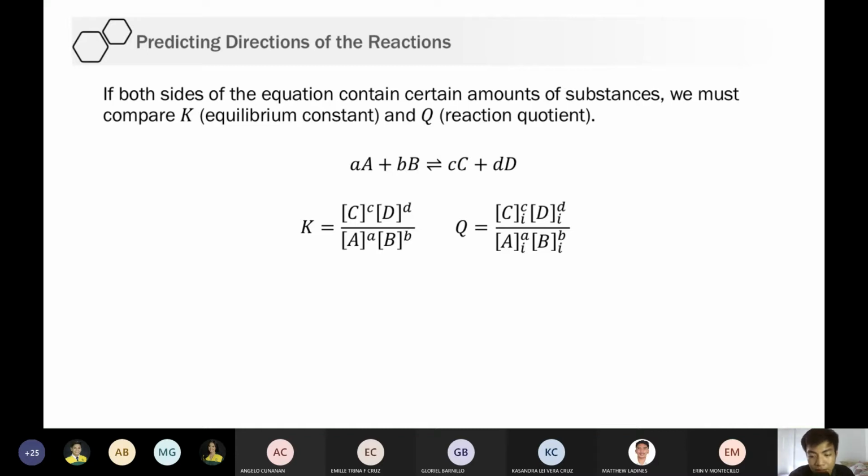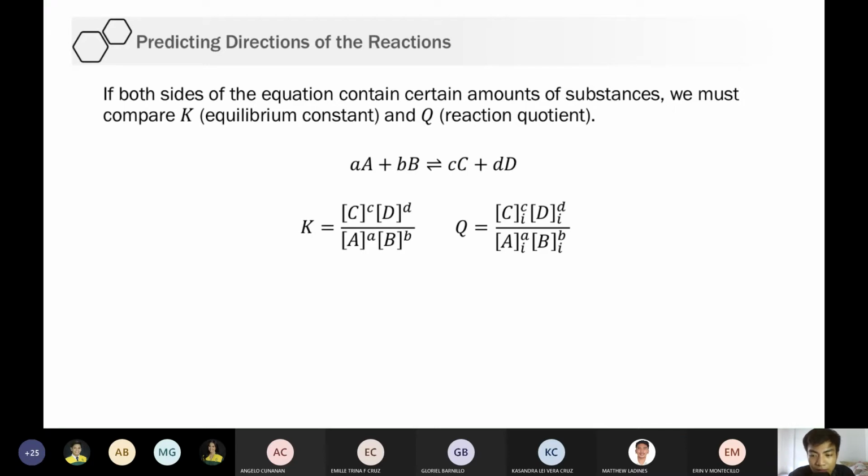What's the difference? No? For K, that is the equilibrium constant at equilibrium. Okay, so ibig sabihin yan, balance na yung system. Yan yung dapat na value niya. But Q is the initial ratio of your amounts, no? So siya yung before ma-reach yung equilibrium.